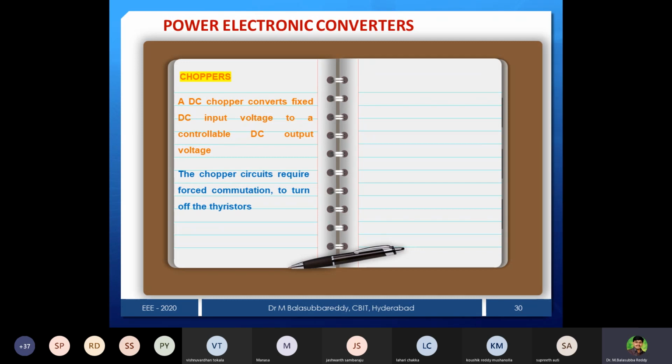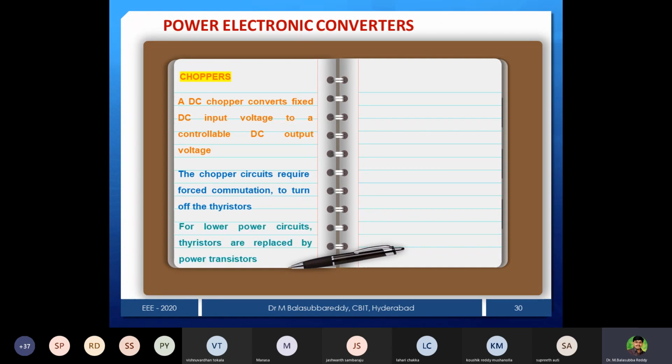Because to turn off the main switch, the current passing through the device must be brought to 0. In a DC supply, the current will never go to 0 unless you apply forced commutation. That is the reason we need to use forced commutation to turn off the thyristor.